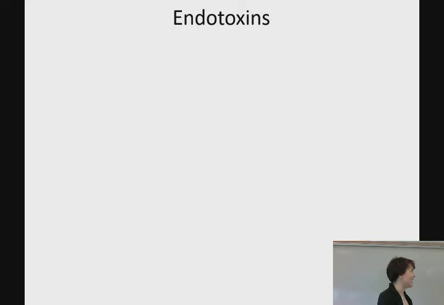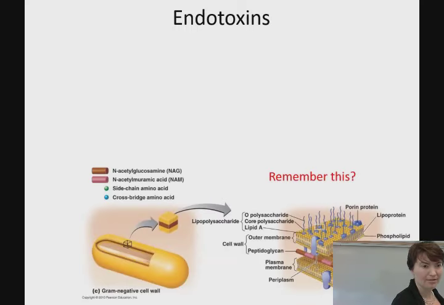Now let's talk about endotoxins again. So here's the gram-negative cell wall. Here's our plasma membrane, the rest of the cell down here. Here's our thin layer of peptidoglycan, our extra lipid bilayer, and then in the outer membrane, we have lipid A right here. That's going to cause us a problem.